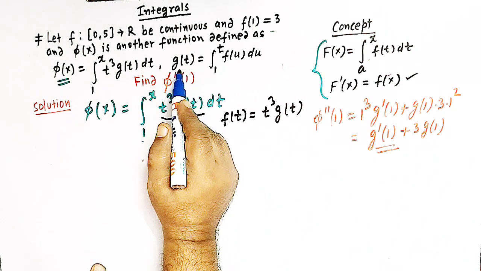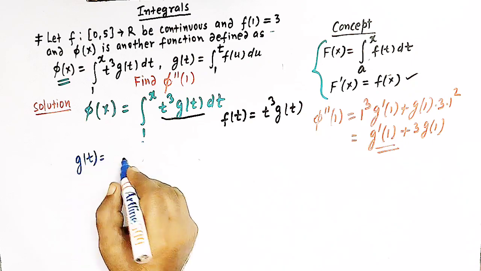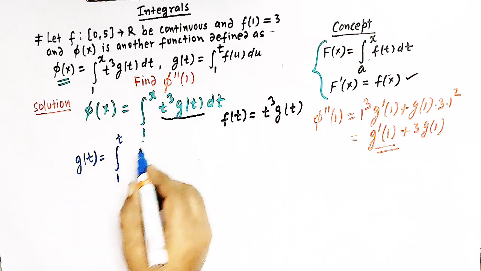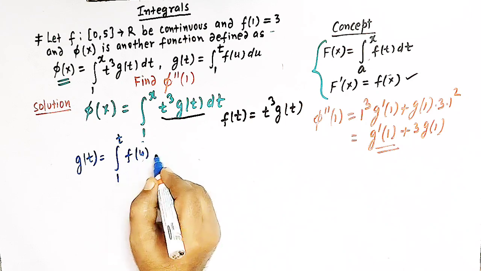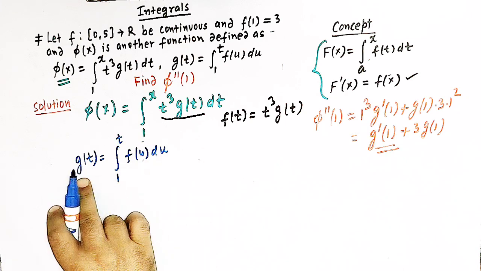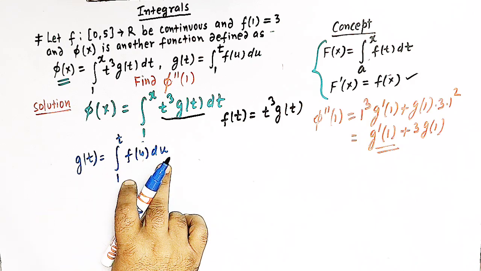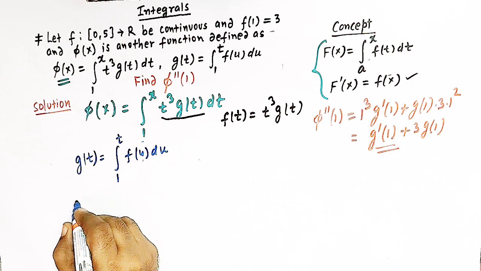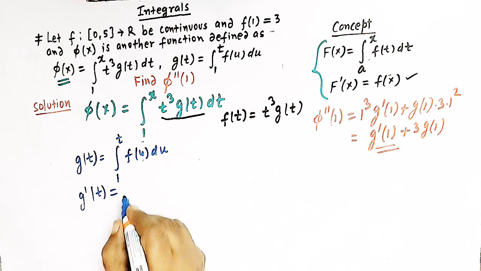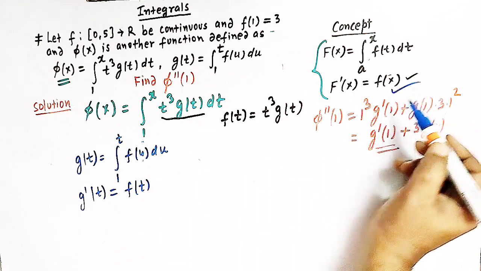So now consider this function g of t. We have g of t is equal to the integral from 1 to t of f of u du, right? And if we differentiate both sides with respect to t, then we get g prime of t is equal to f of t, again using this result.